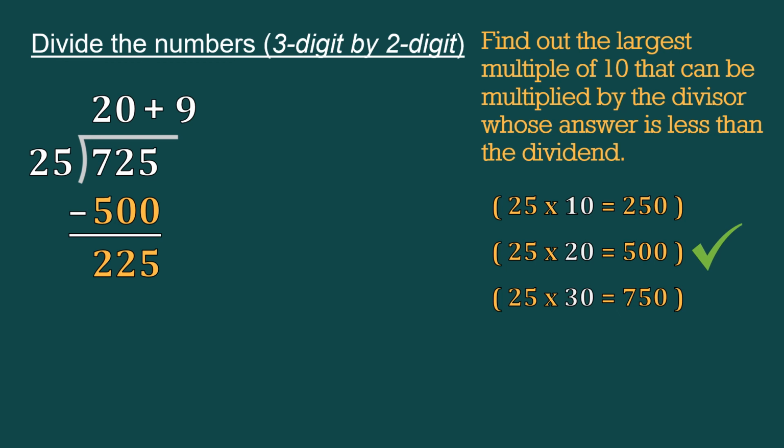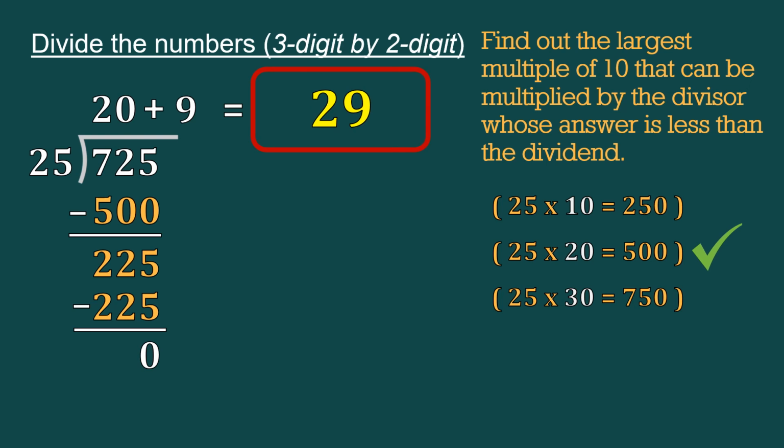We get the product of 9 and 25 and subtract the result from 225. It is equal to 0. Now, we get the sum of the partial quotients. 20 plus 9 is equal to 29. 29 is the quotient.